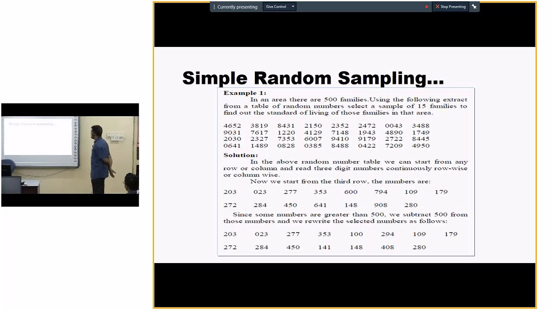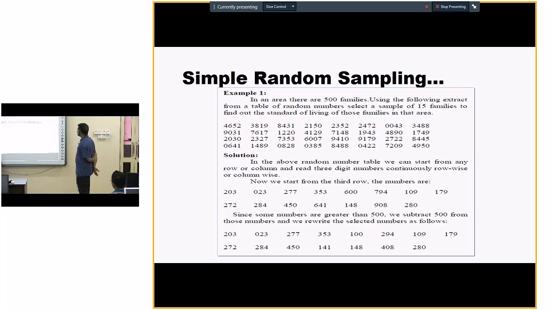In an area there are 500 families. Using the following extract from a table of random numbers, select a sample of 15 families to find out the standard of living of those families in that area.